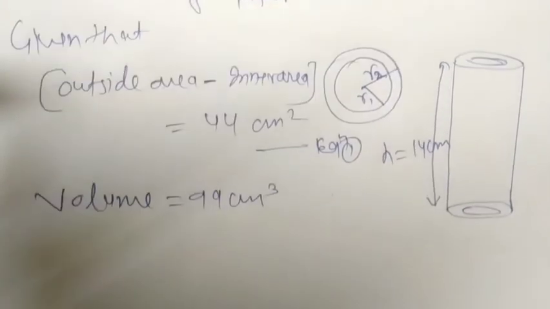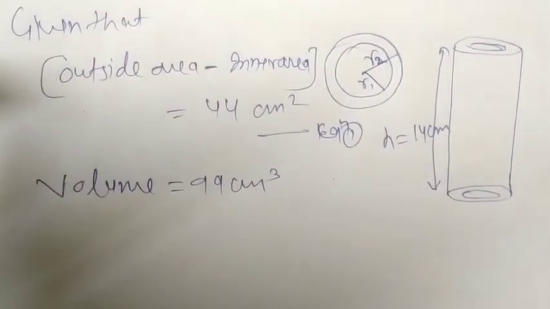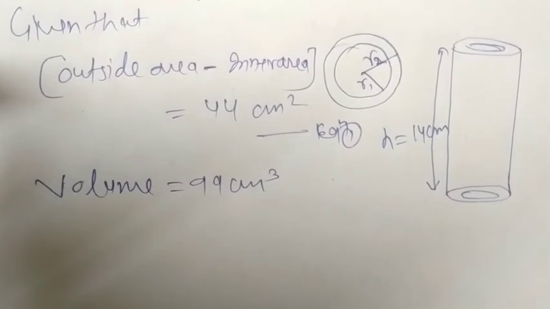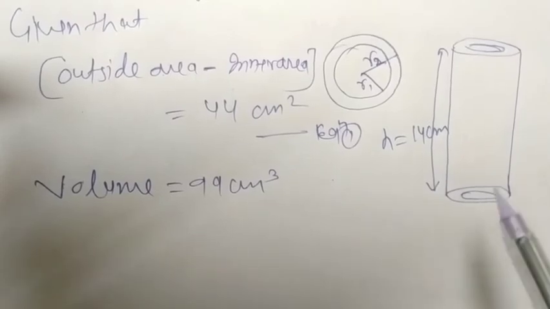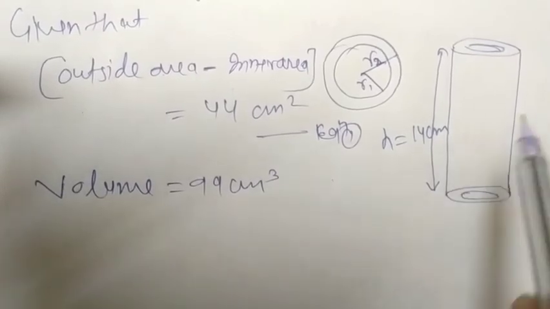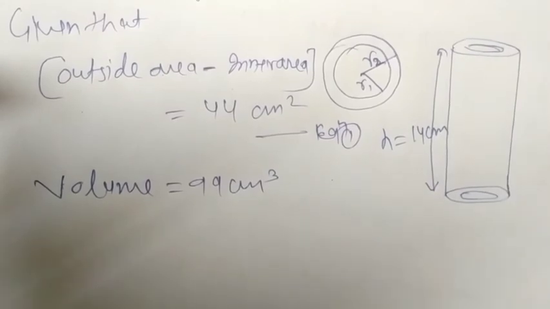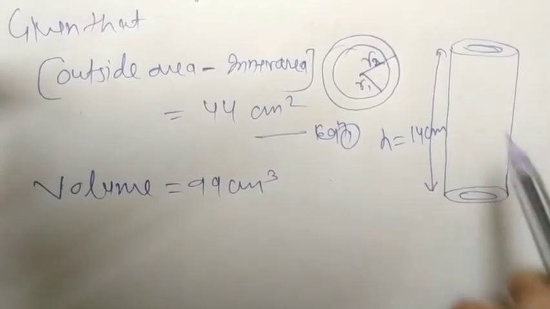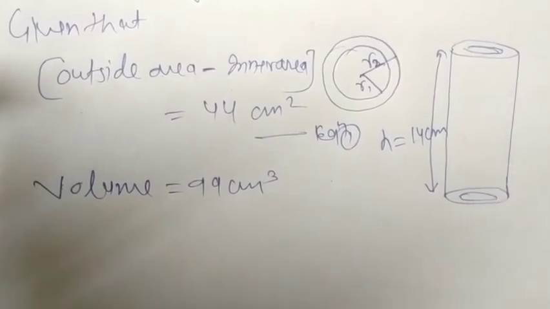Okay. Now first of all, we are given outside area minus inner area. Look at there. When we are talking about outside area and inside area, the top and bottom will not be considered because the pipe has an outer curved area and an inner curved area.